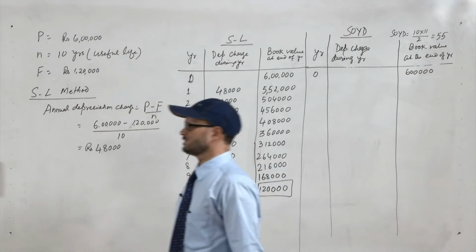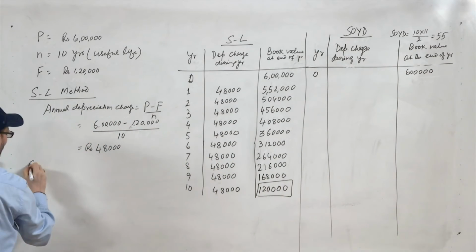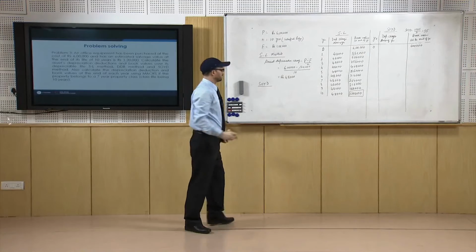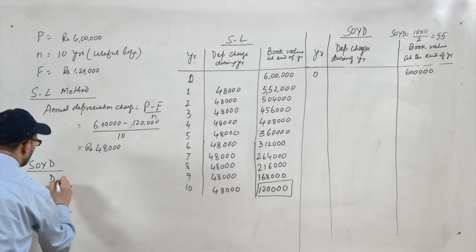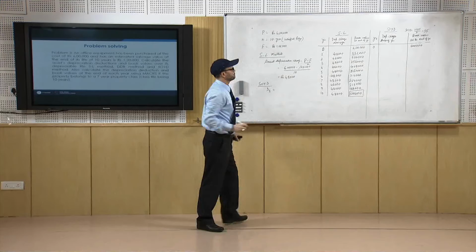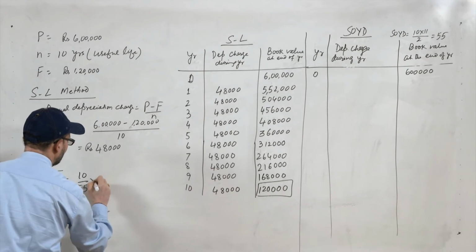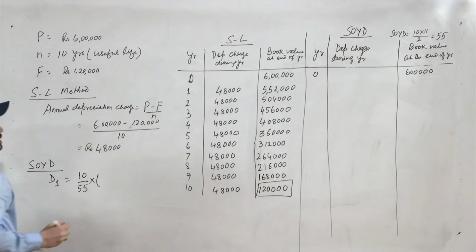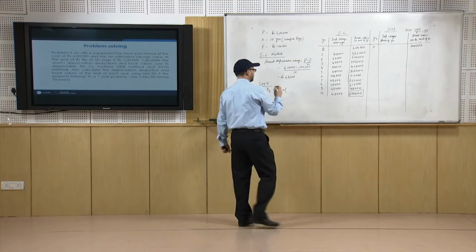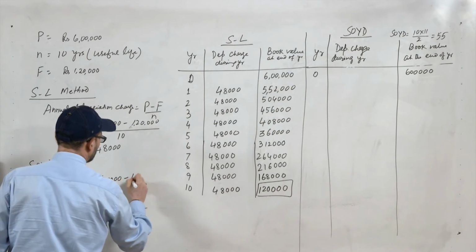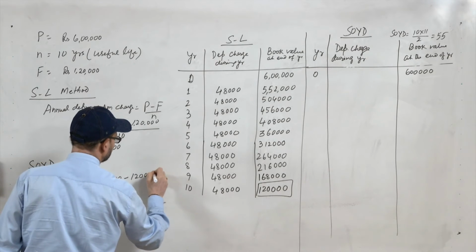Now, using the SOYD method, the depreciation charge during the first year will be 10 upon 55 into P minus F, that is 6 lakh minus 1,20,000.